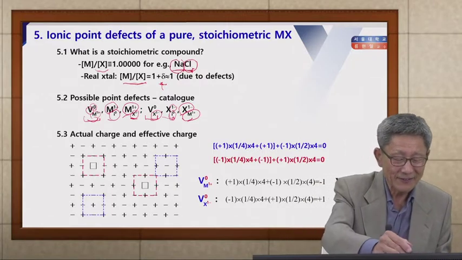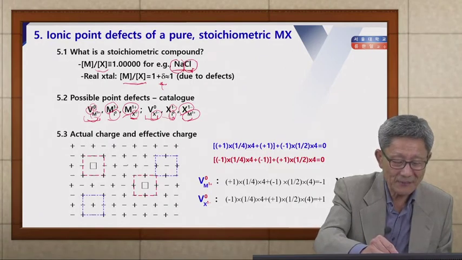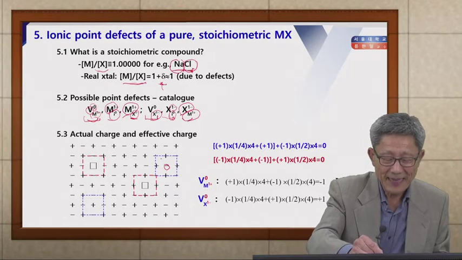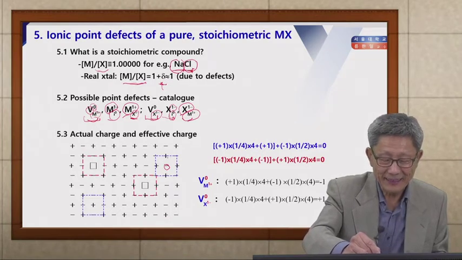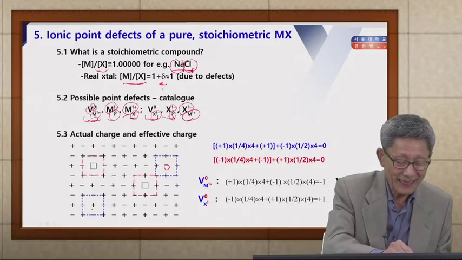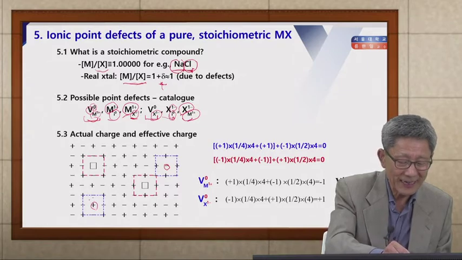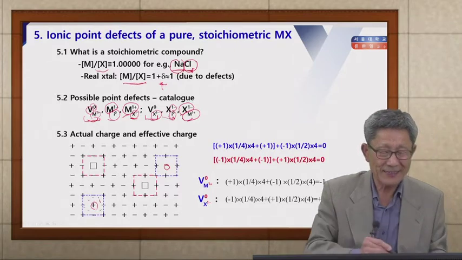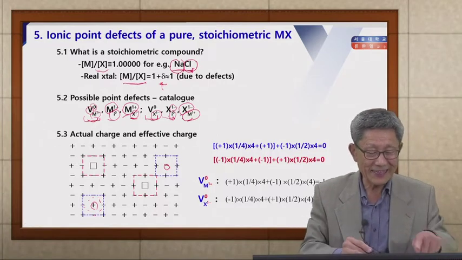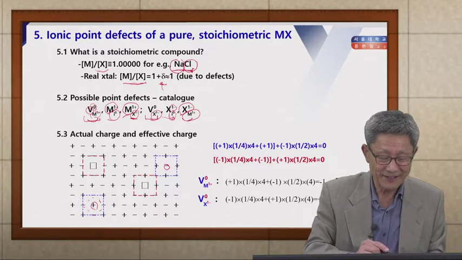Okay, so each ion, for example, negative ion here, tries to have as many possible cations in its nearest neighborhood. Likewise, positive charges also like to have the negative charges in the nearest neighbor. Okay, this is the ideal crystal structure.